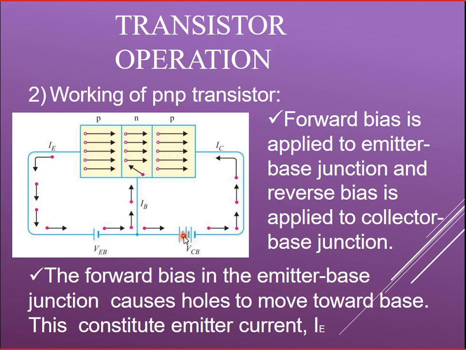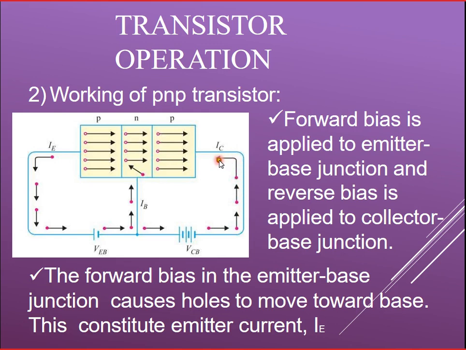Here it is already in reverse bias condition. I am providing the negative voltage here, and the holes coming here will be attracted by this negative voltage so that they come out. If you see here, it represents the electron direction, and inside the transistor they represent the hole direction. Okay, so don't get confused. These are the hole direction and these are the electron direction.